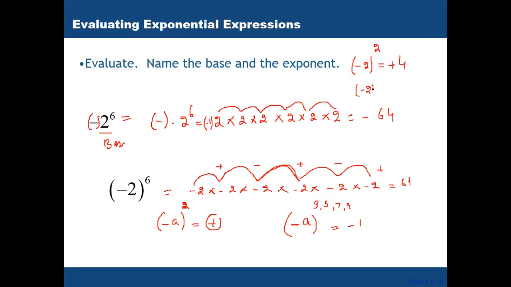If we have minus 2 power 3, the power is an odd number, so it equals minus 2 multiplied with minus 2 multiplied with minus 2. The first 2 minuses multiply to become plus 4. Then multiply with minus 2: plus times minus equals minus, and 4 times 2 equals 8, so minus 8. So when we have an even power, the result will be plus. When we have an odd power, the result will be minus.